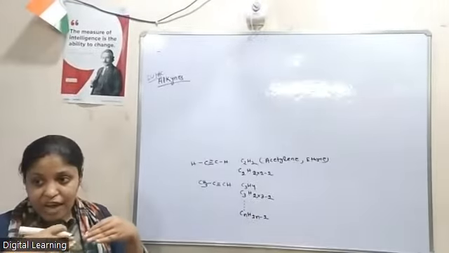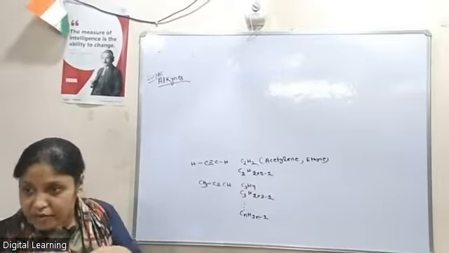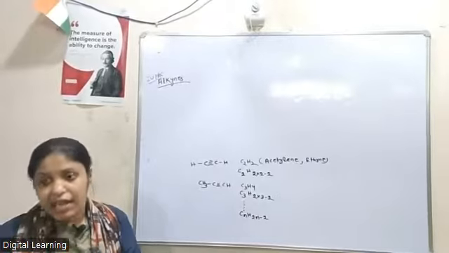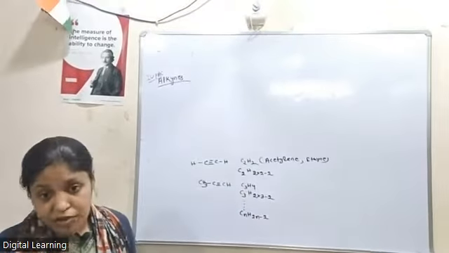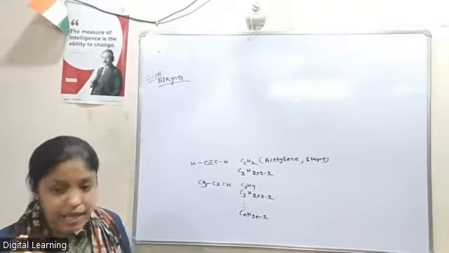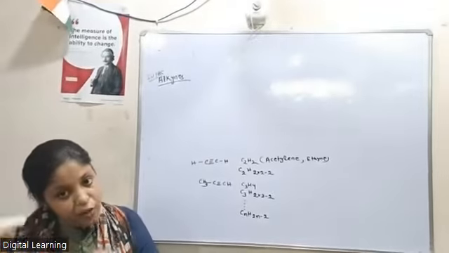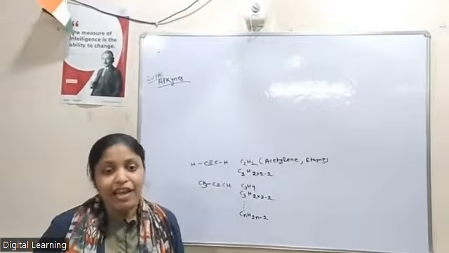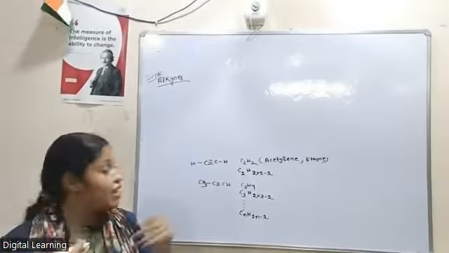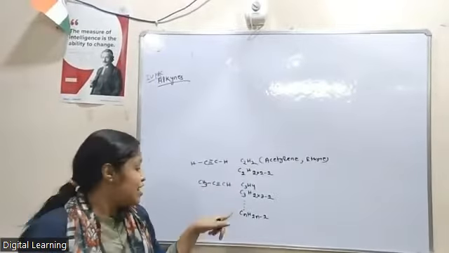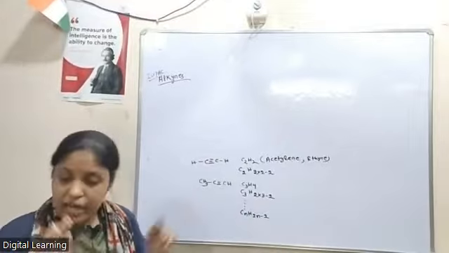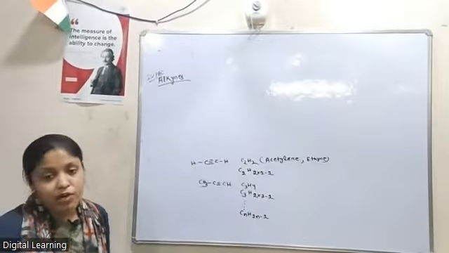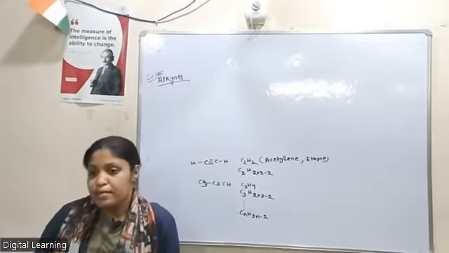In alkene there are 2 hydrogen atoms less than alkane, CnH2n. In alkyne there are 2 more hydrogen atoms less than alkene, CnH2n minus 2. Got it?